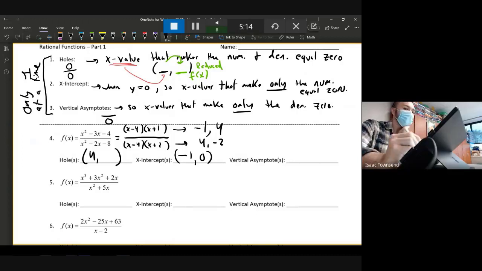And if there's any numbers that make just the denominator 0, those will be vertical asymptotes. Now, vertical asymptotes are vertical lines, so you need an x equals here. You might include that in your notes there. X-intercepts are a point, so make sure you write that as a point.